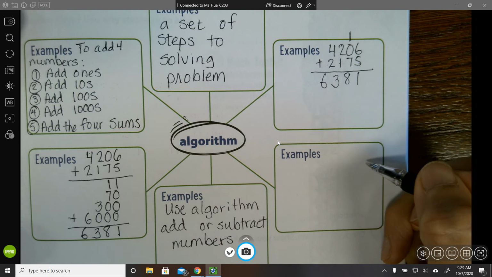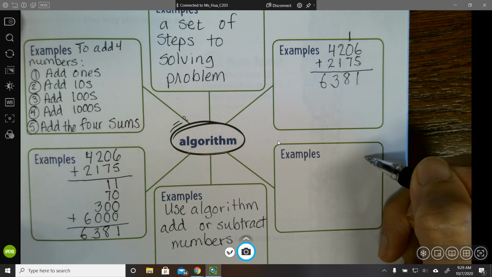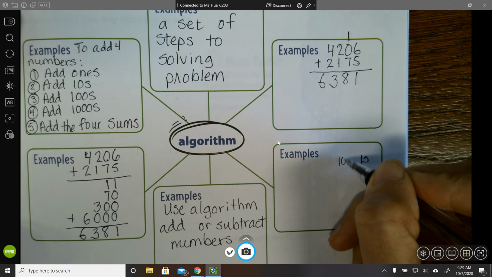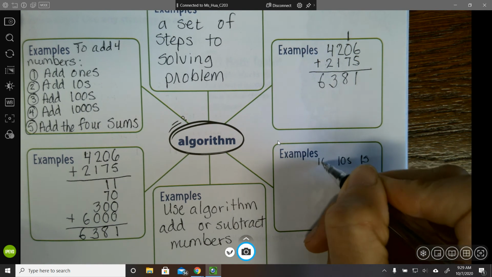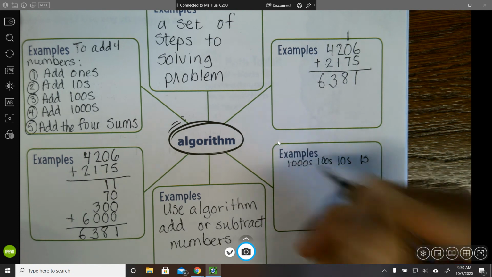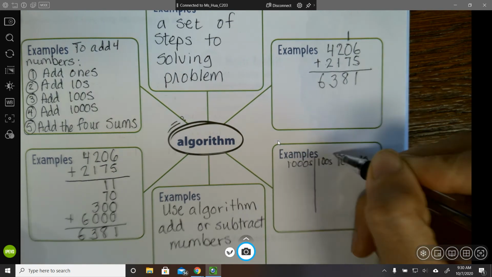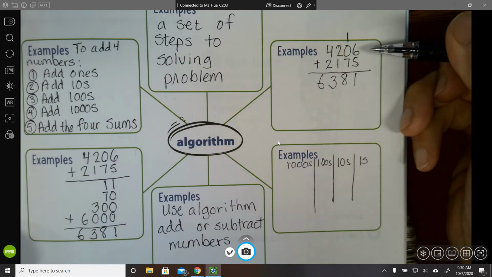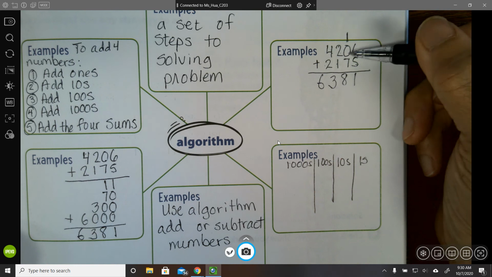Now, with this algorithm, I am going to have to use the place value, the ones, the tens, the hundreds, the thousands, because that's as far as I go with that one. And I'm going to put these four boxes. All right. So the first number is 4,206.